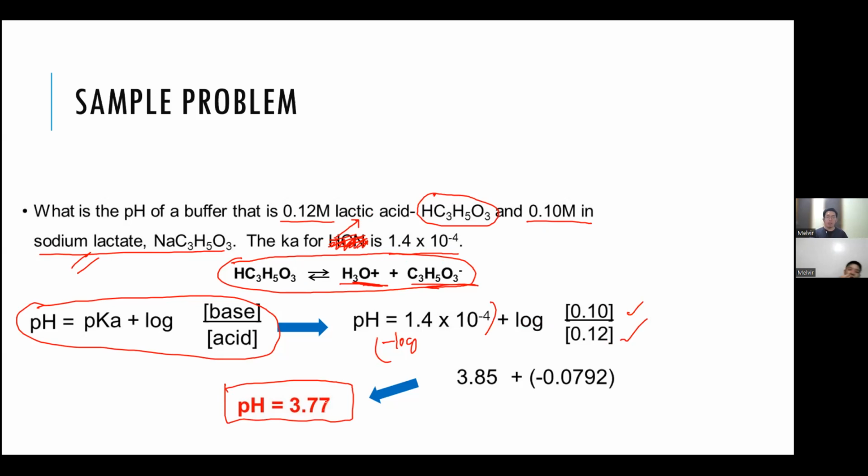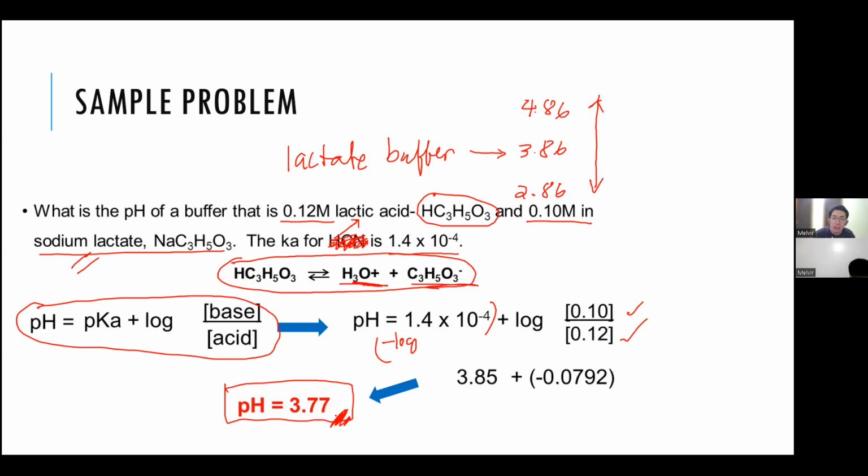So, pasok ba to sa buffering region ni lactate? If you have a lactic buffer, Josh, anong pKa ni lactic acid? Ang pKa ay 3.86 sa na-search ko. Pasok po siya. Okay, good. Kasi buffer ang lactate mo from 2.86 up to 4.86.